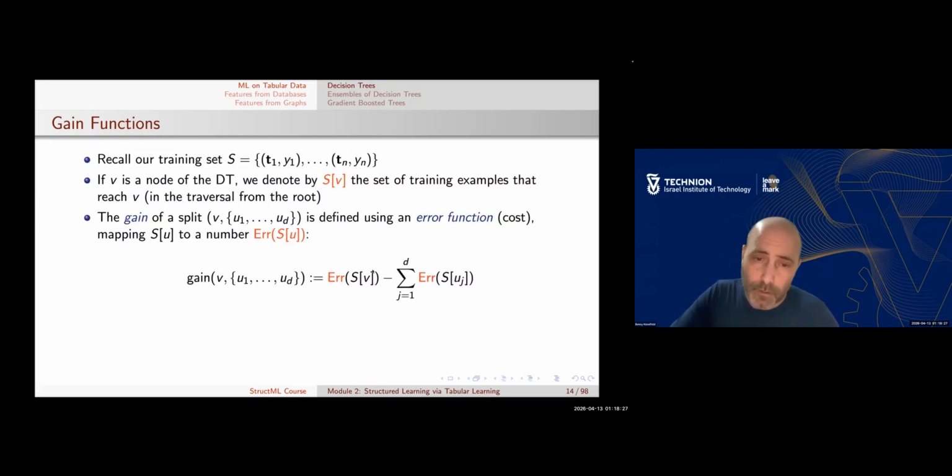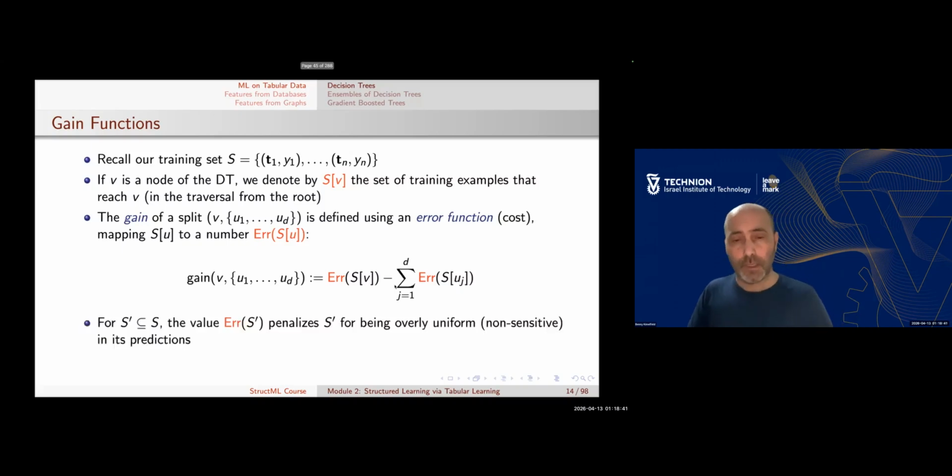So your decision is to compare what you would lose for S[V] to what you would lose from splitting V into U_1 to U_d. And that's your gain, the reduction in your error. And again, the error of S[V] or S' in general penalizes the set S' for having a non-uniform distribution of values. But if you make a uniform decision, that means that you have low accuracy.